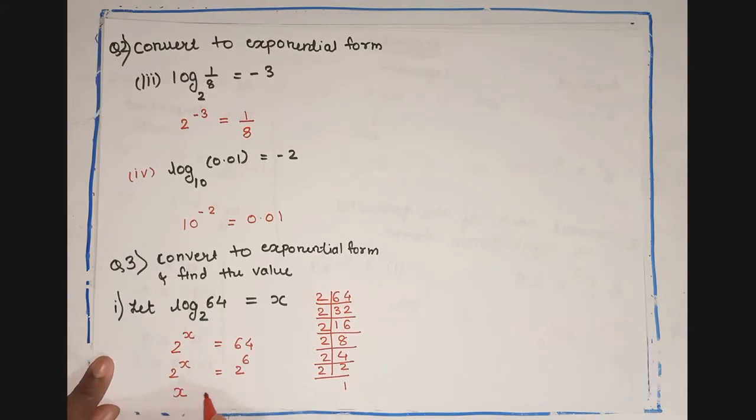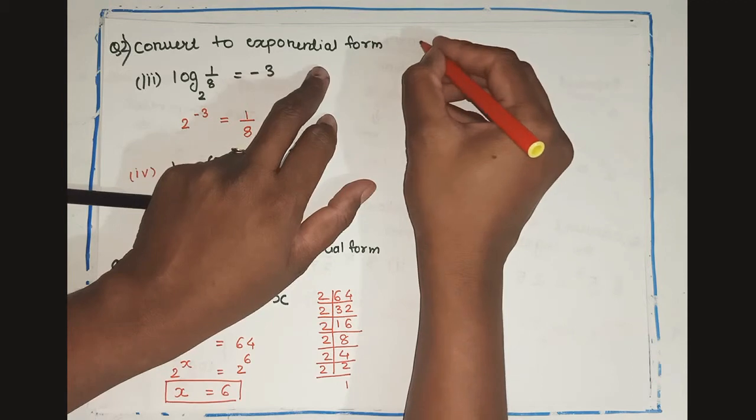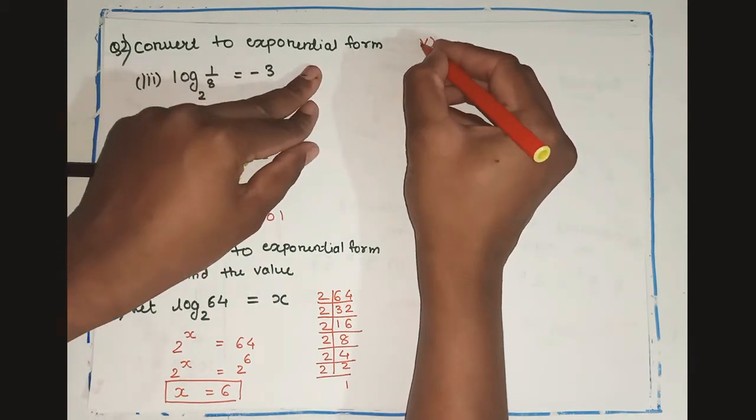You are getting x equals 6, which is your answer. Okay, this is your answer. Then moving ahead with the next problem, I am doing the fifth one. So let's do the fifth problem.